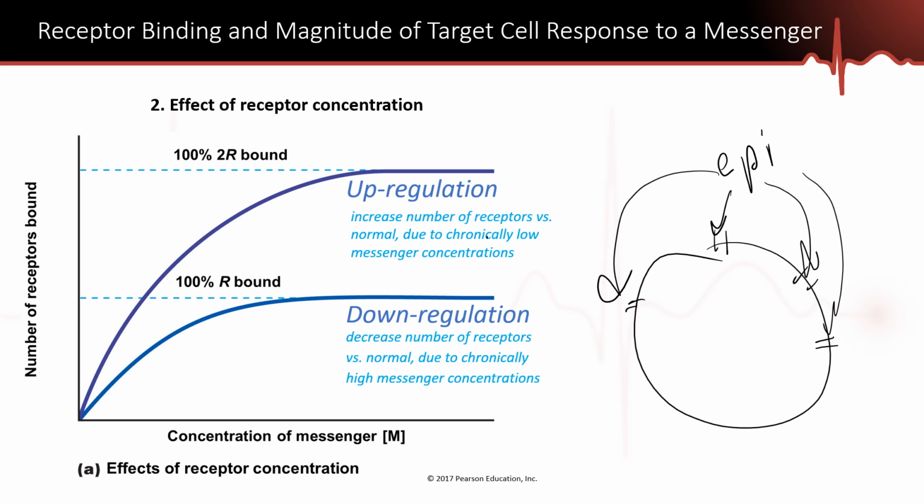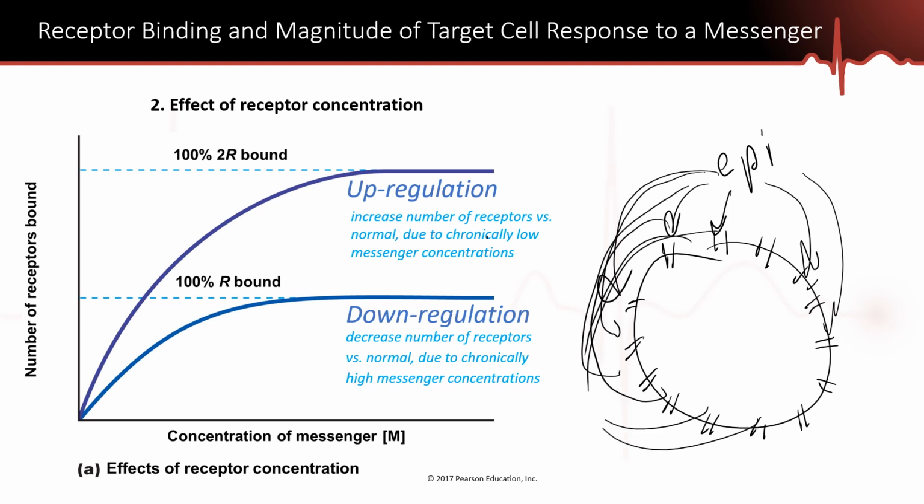Now, if there was a ton of epinephrine receptors located on the cell, then the magnitude of effect that epinephrine, the chemical messenger, could have on this cell is much greater. Okay, because epinephrine could bind to many more receptors located on this cell and have a much greater effect on the target cell itself.